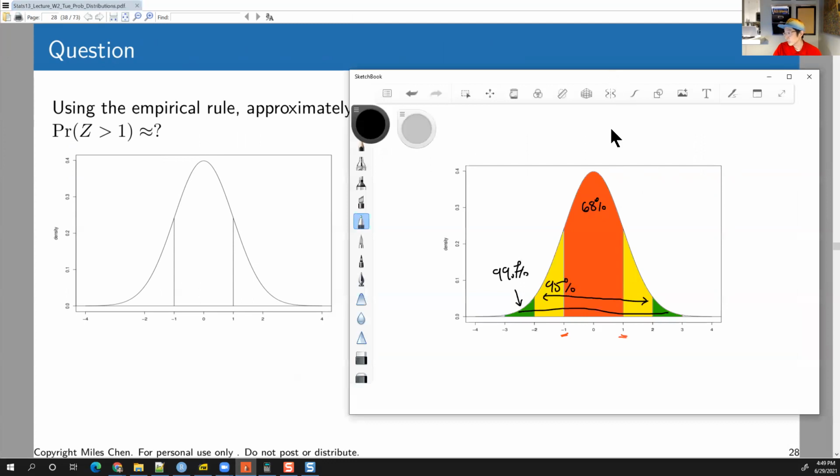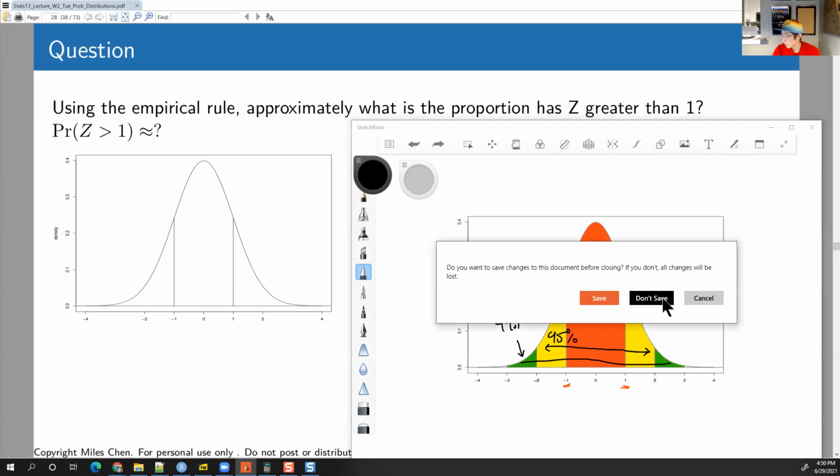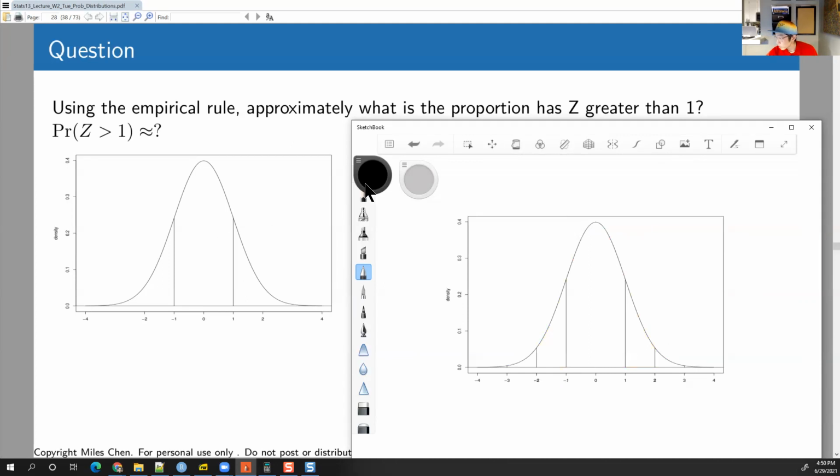And I said, what is the proportion where z has an area greater than 1? So, drawing this picture here, z greater than 1 would be here, and also that tiny little sliver.